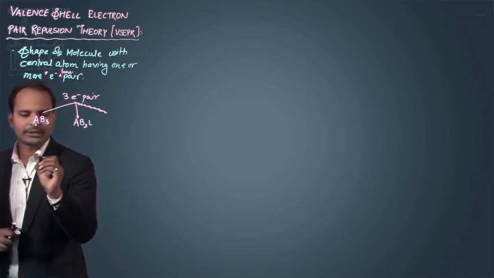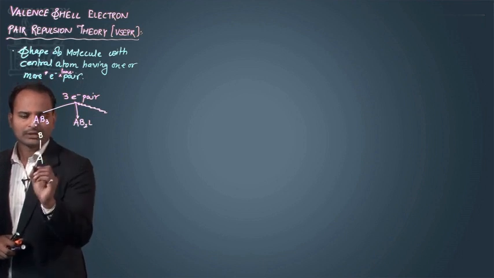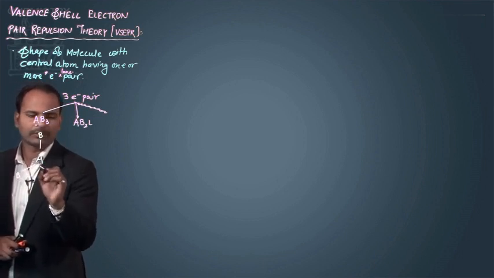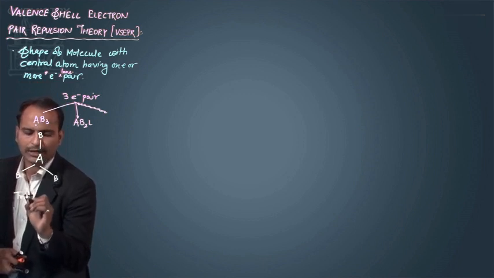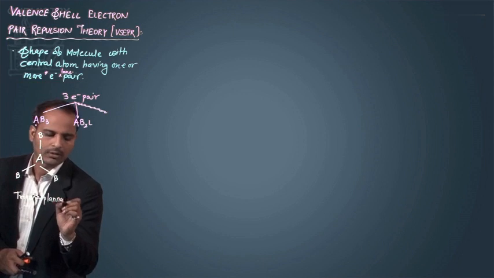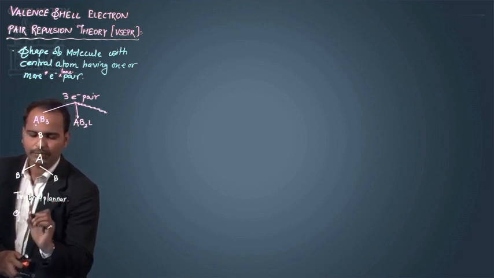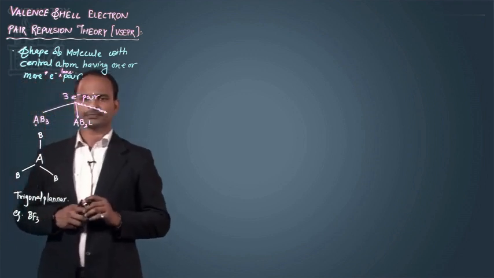A will be at the center, one B atom here, the second B atom here, and the third B atom here. So ultimately I can say that this shape is a trigonal planar geometry. The example here is the BF3 molecule.